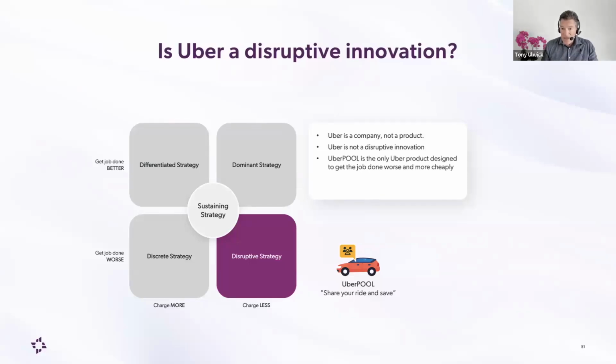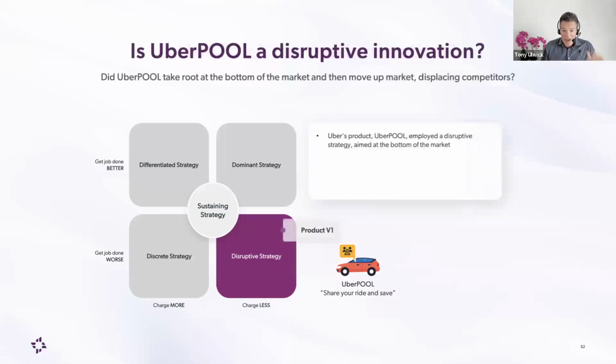Uber Pool is the only Uber product that was designed to get the job done worse and more cheaply. So then the question would be, is Uber Pool a disruptive innovation? So let's take a look at that. Well, Uber Pool starts down here, right? Employs a disruptive strategy aimed at the bottom of the market, gets the job done worse, but charged less.